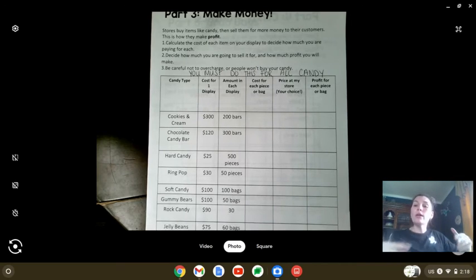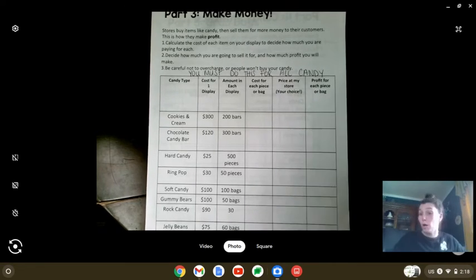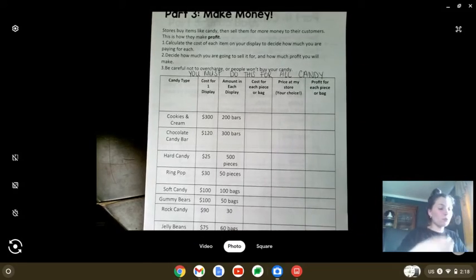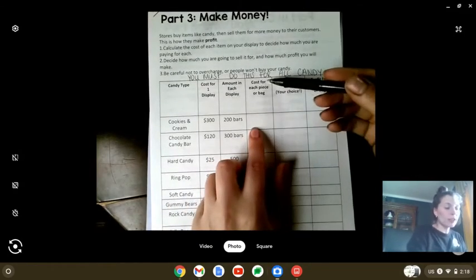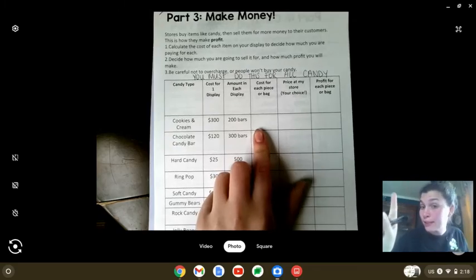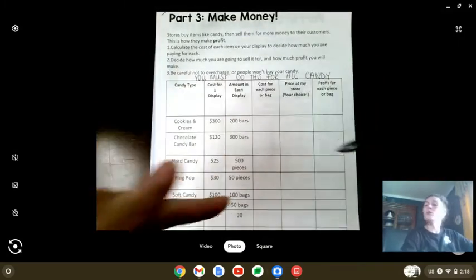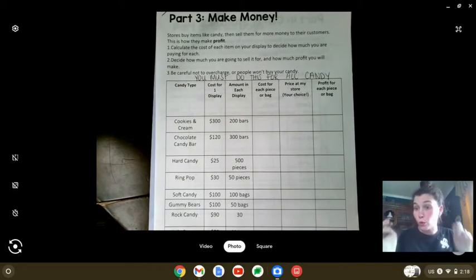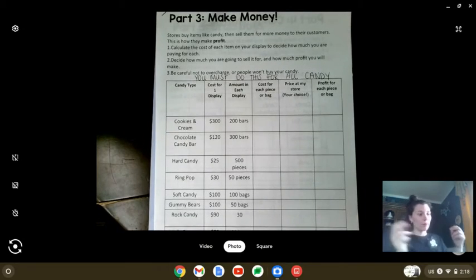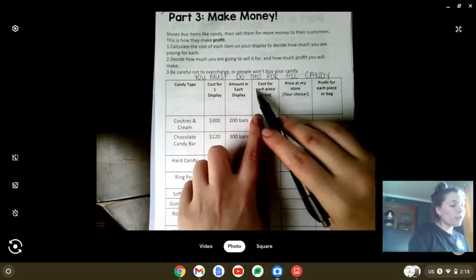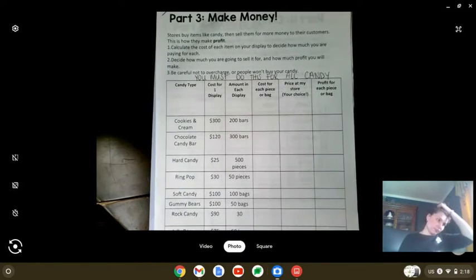So buying bulk is buying a whole package of things instead of one little thing. So stores buy in bulk. We need to figure out how much it costs for one piece, because we don't pay for one piece. For example, we pay for 200 pieces as our store if we're pretending we are a candy store. So we need to find the cost of each piece.